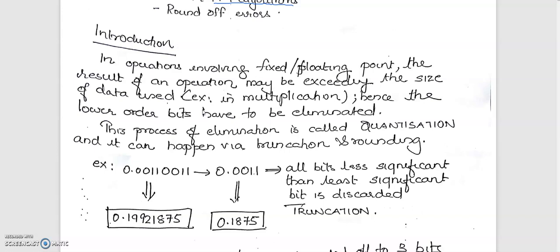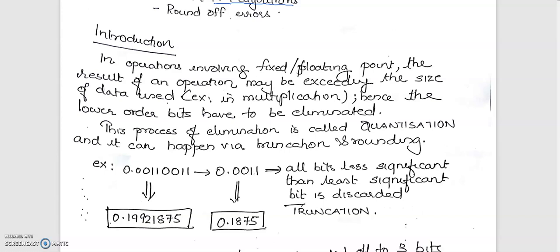When we truncate it, that means we reject all the lower significant bits. We have this in the form of 0.0011. So if you look over here, all bits less significant than the least significant bit are discarded. So the least significant bit is the one over here, and all the ones after that are rejected. So that is basically truncation.